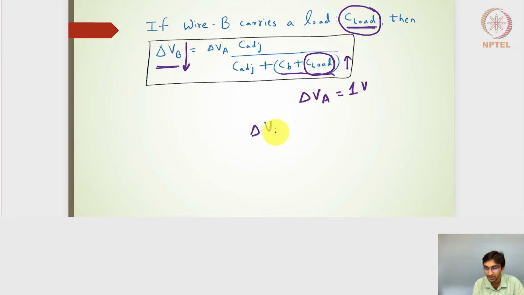Then delta VB will be 1 divided by 3 if all the capacitances are the same. So it turns out to be 0.33 volts, which is less than the 0.5 volts we had seen earlier. So having a C load, or having the wire B driving some combinatorial gate circuits, will be very useful.